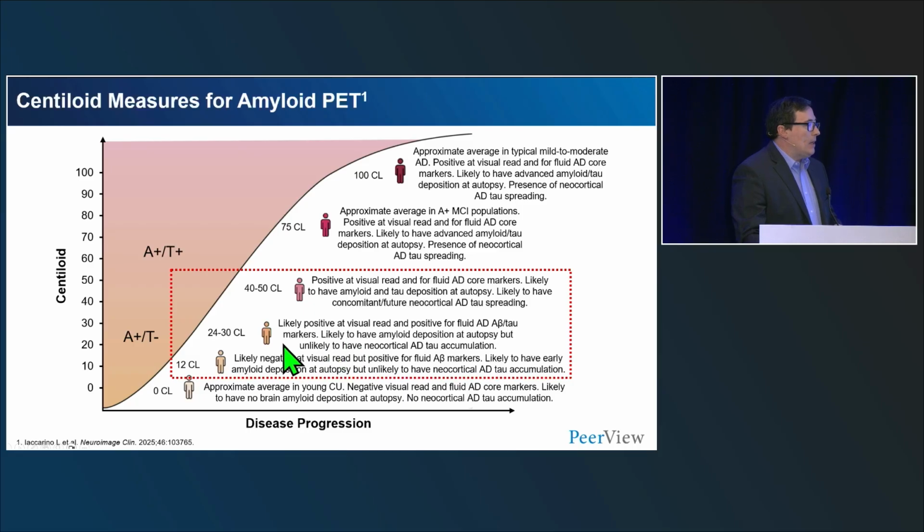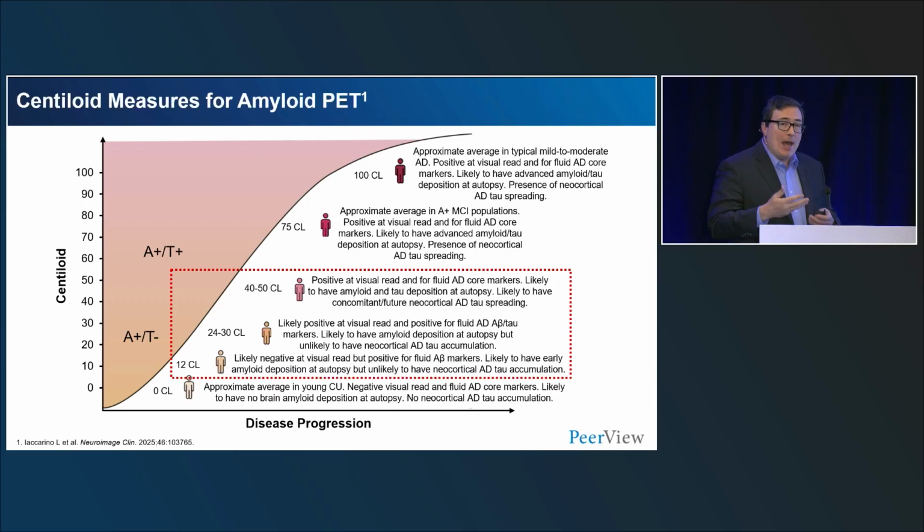And the point is that somewhere around 24 to 30 Centiloid units, most people are going to read these as positive. But these people, if you have autopsy information, often will not have neocortical tau. Although we can't make that assumption on an individual basis, in general, these people will have earlier stage disease.